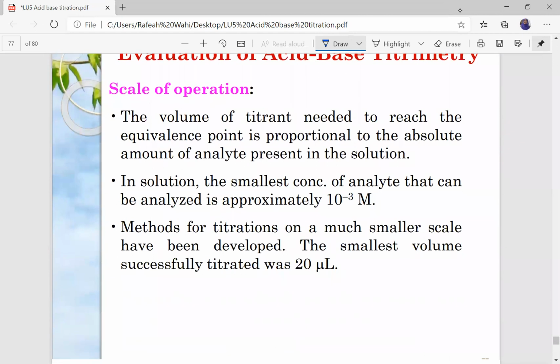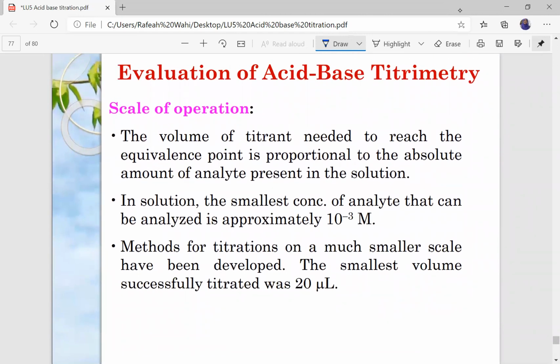So there are many ways to evaluate the acid-base stoichiometry. For example, the first thing that we can measure is the scale of the operation. The volume of titrant needed to reach the equivalence point is proportional to the absolute amount of analyte present in the solution.